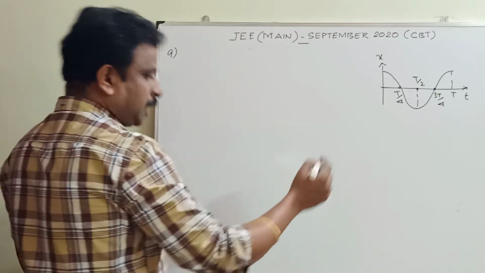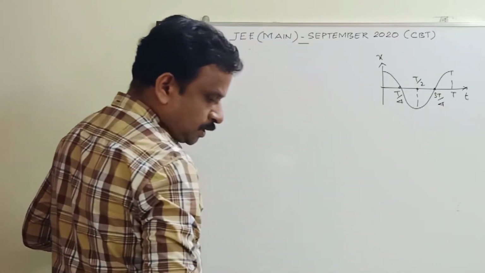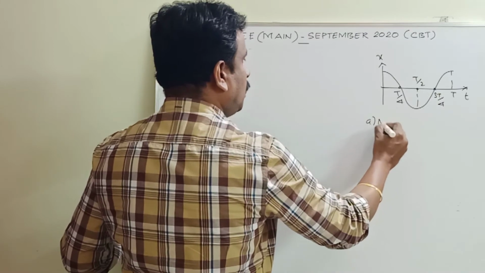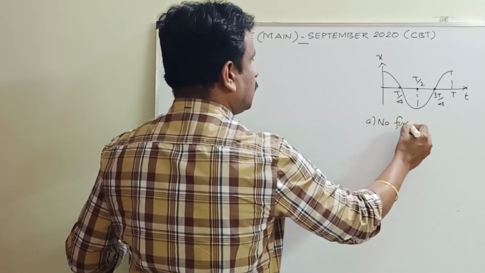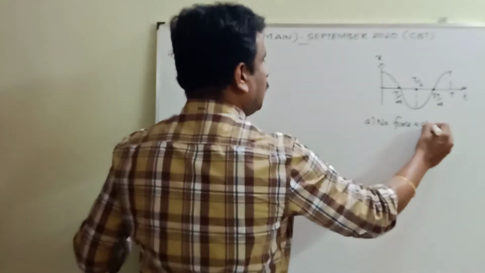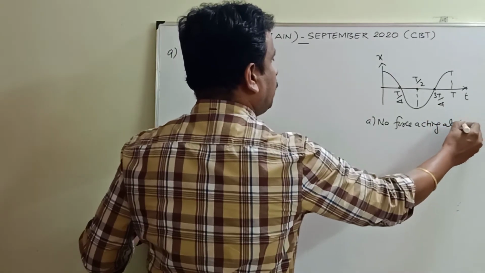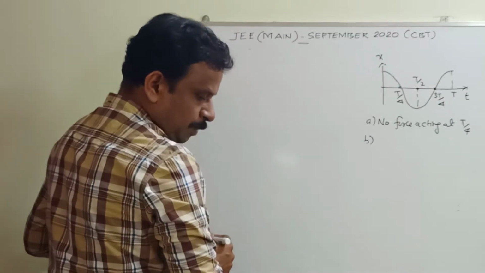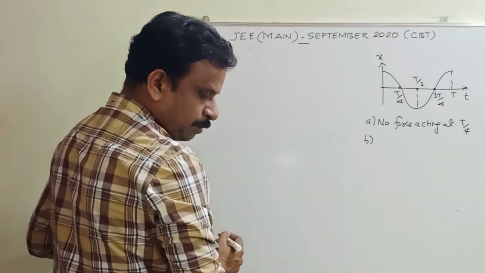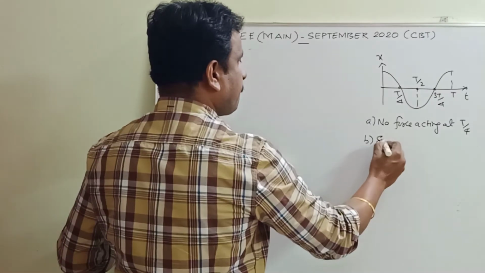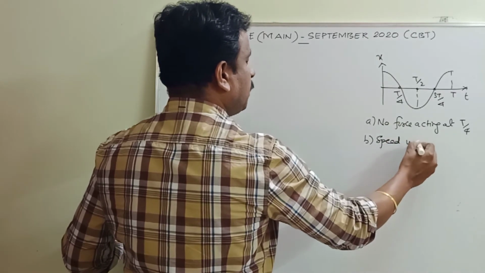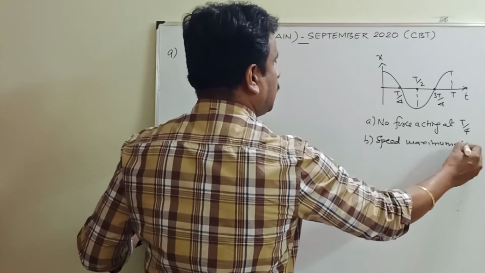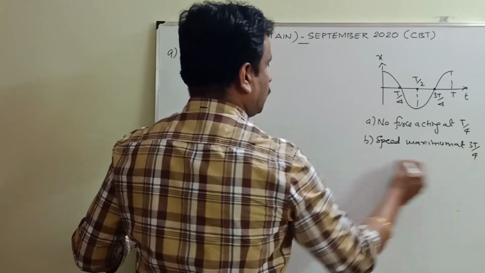So the first statement I will write: no force acting on the particle at T by 4. Option B is speed of particle is maximum at 3T by 4.